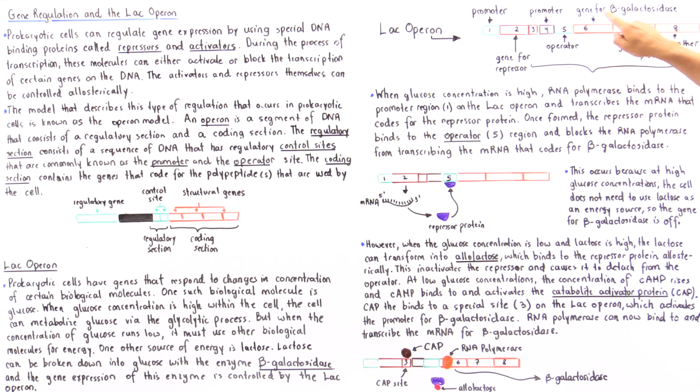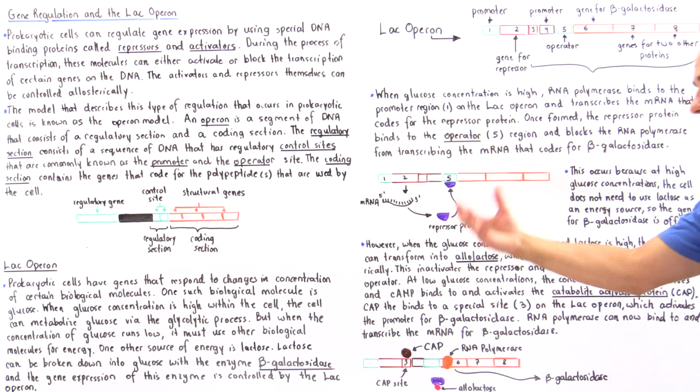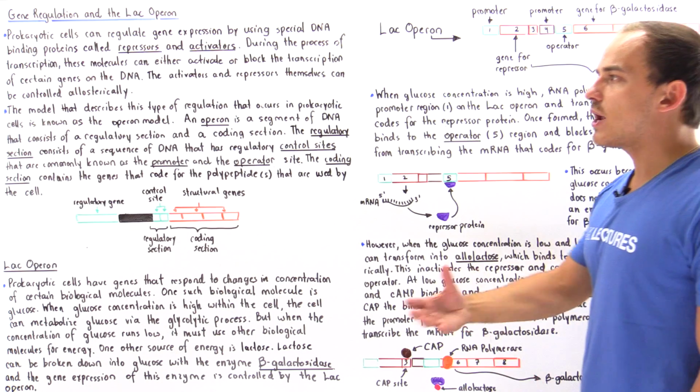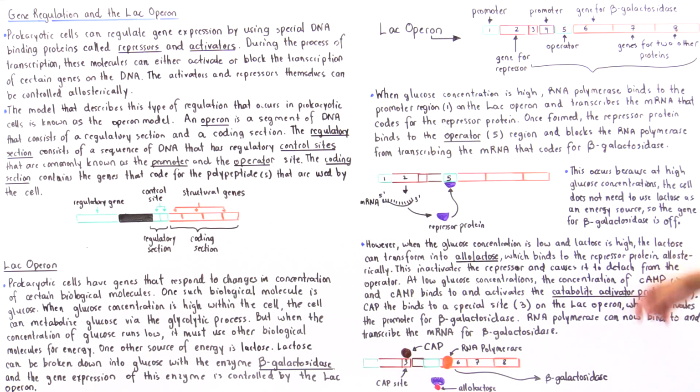So this region, shown by region number 6, contains the gene for the beta-galactosidase, while these other genes code for 2 other proteins, 2 other enzymes involved in the breakdown of lactose into glucose and galactose. Now, what about this section?